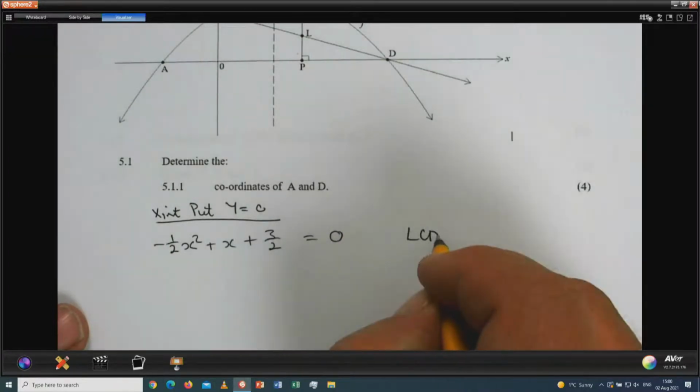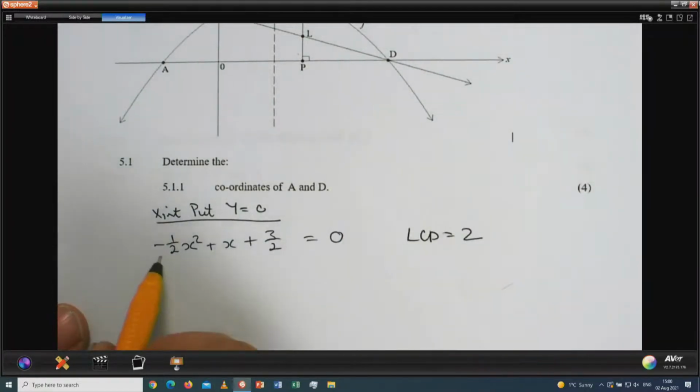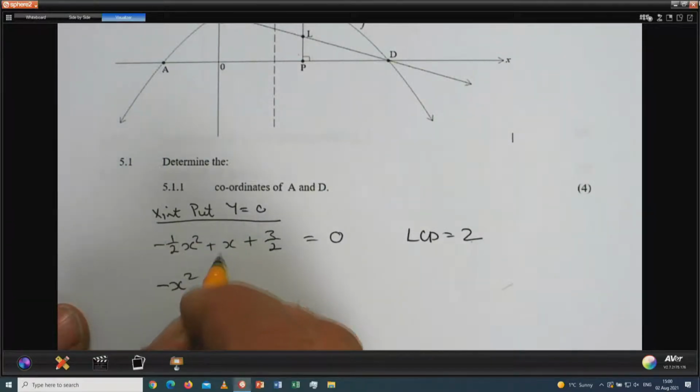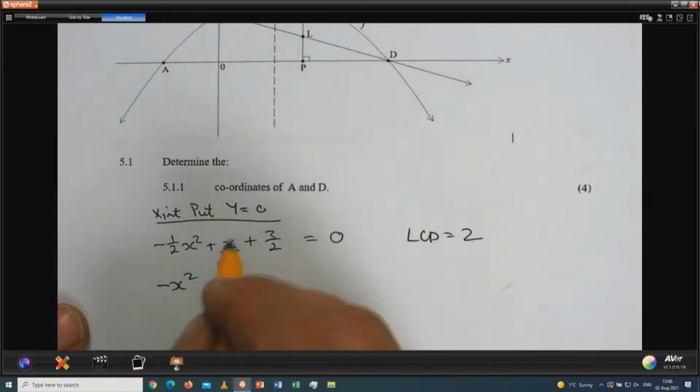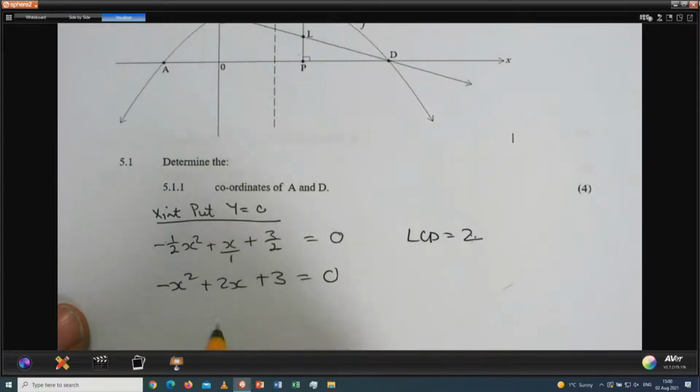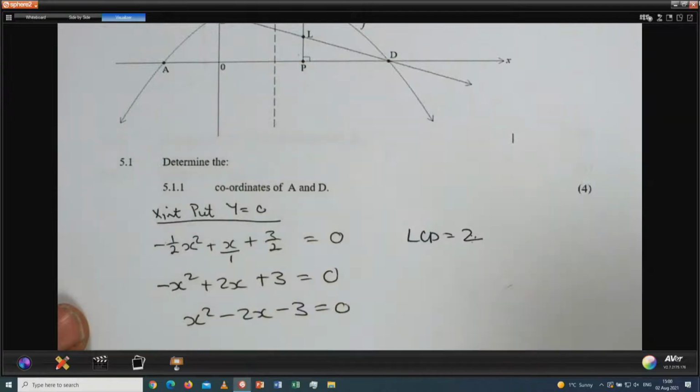The LCD is equal to 2. So 2 goes into 1 once times negative x squared is negative x squared. 1 goes into 2 two times x is plus 2x. 2 goes into 3 once times... so it's negative x squared plus 2x plus 3 is equal to 0, or x squared minus 2x minus 3 is equal to 0.